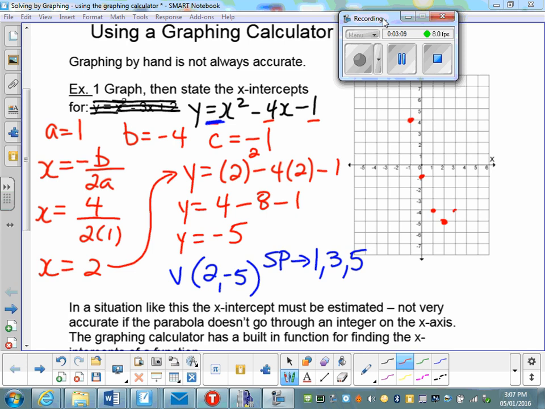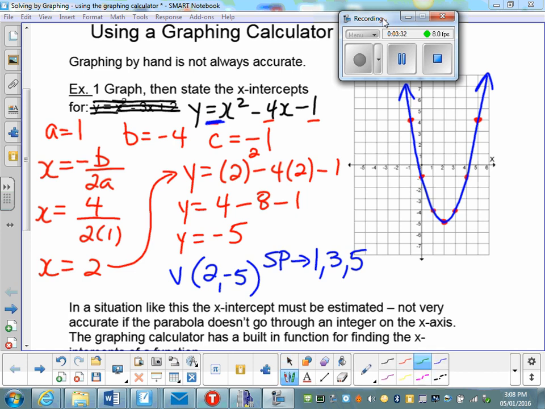And then I've got the mirror points on the other side of the vertex because of the symmetry. So it's going to look like that. I'll sketch the curve through these points.